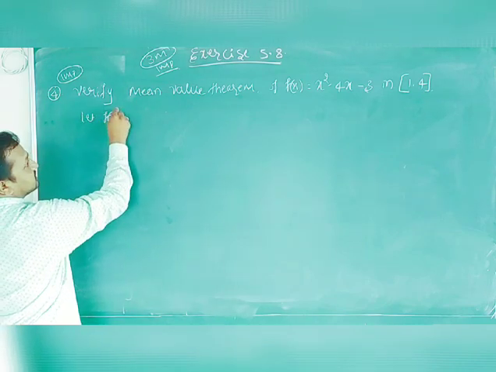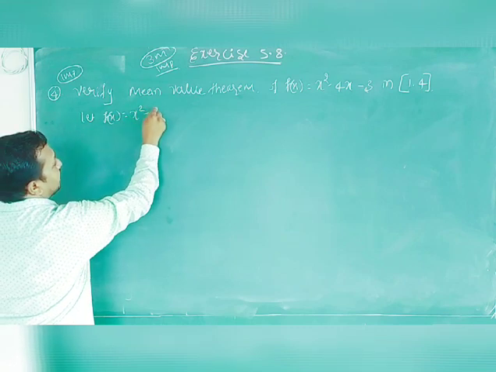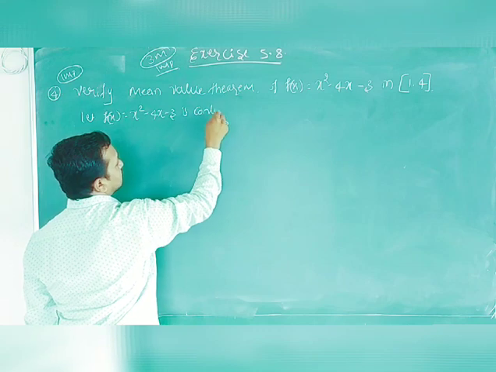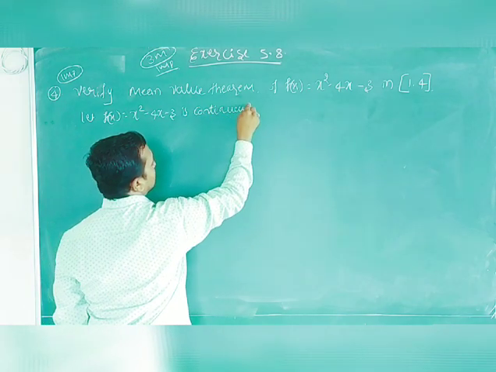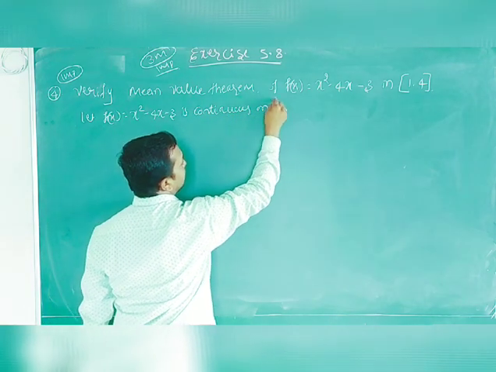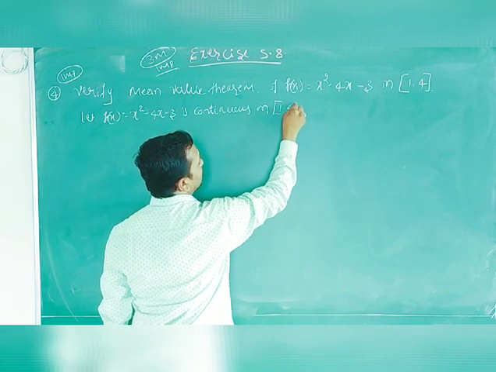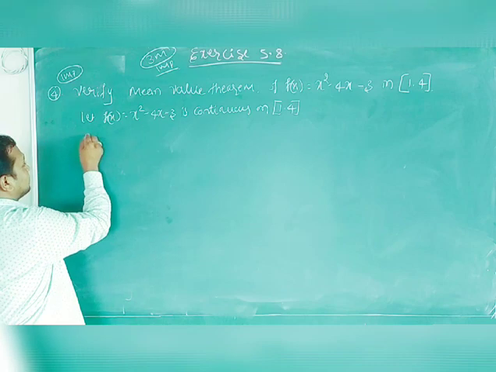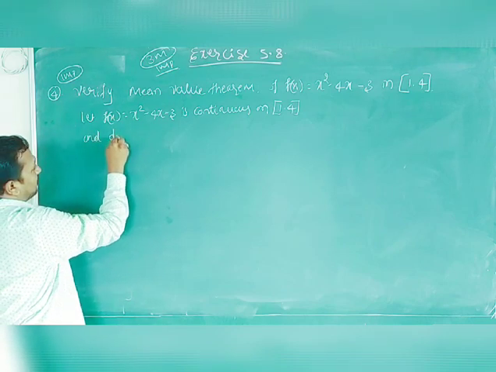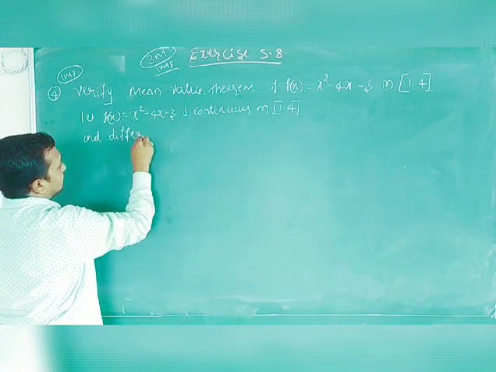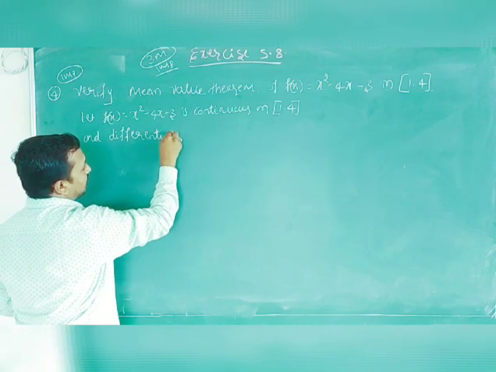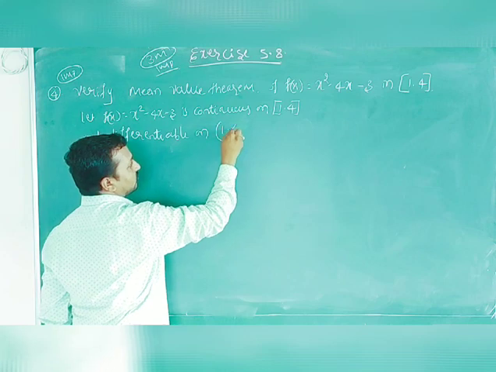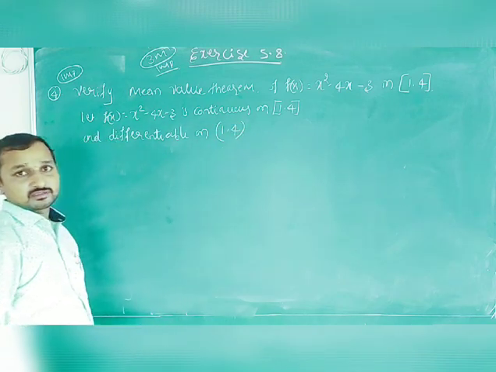Let f of x is equal to x square minus 4x minus 3, is continuous on the closed interval [a, b], which is nothing but [1, 4]. This is a polynomial function, always continuous, and differentiable on the open interval (a, b), open interval (1, 4).